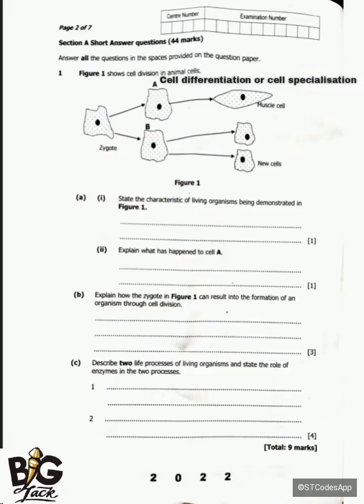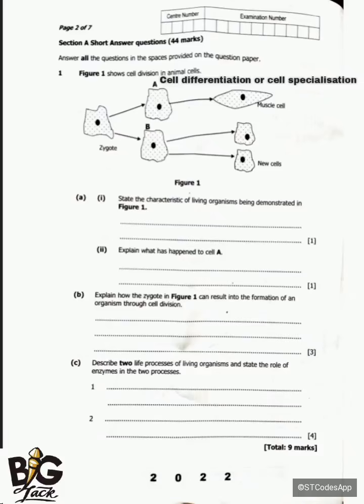Then cell B divides to form two daughter cells which are diploid. When you look at cell B, it looks similar to the two new cells that it has produced. These new cells are also identical in terms of shape and the way they look.